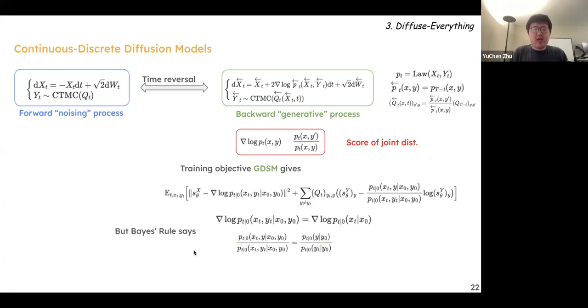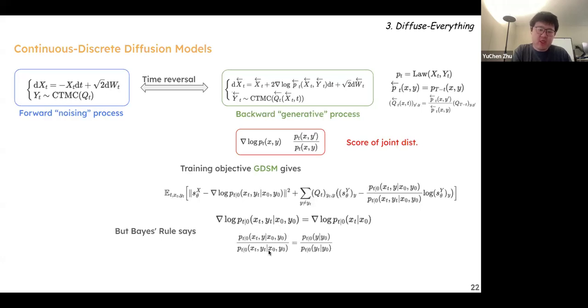But interestingly, if you apply Bayes' rule, we can easily simplify these two terms. This joint conditional score is actually identical to the unimodal conditional score, where we're only adding noise to the X component. Similarly, the discrete conditional score will be the same.